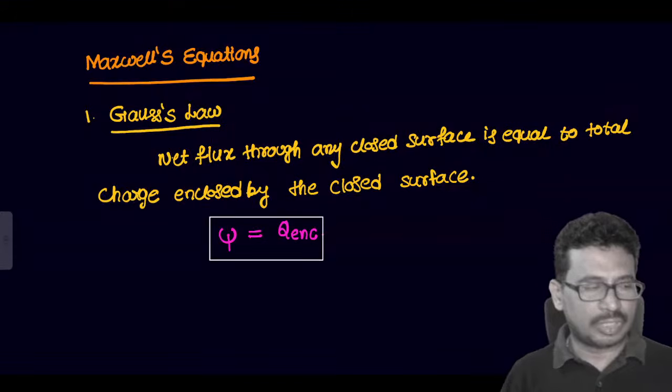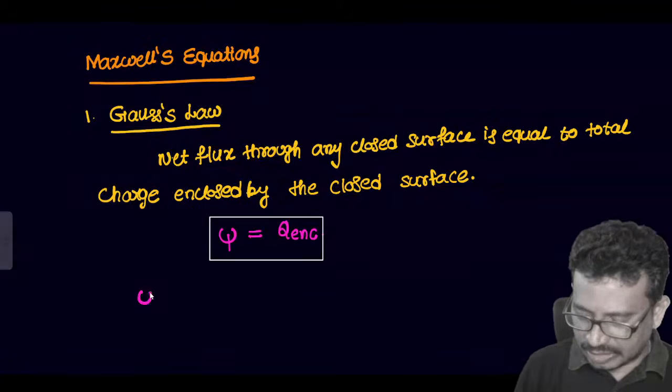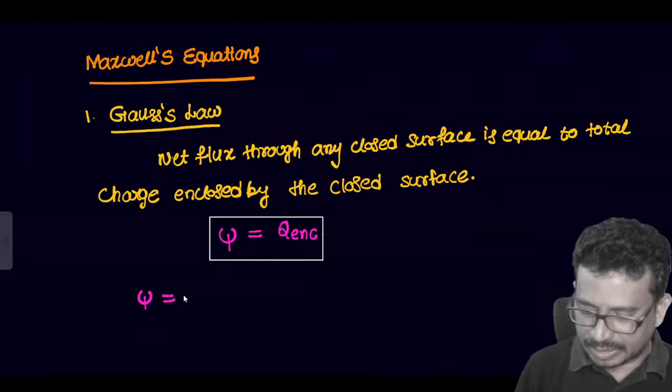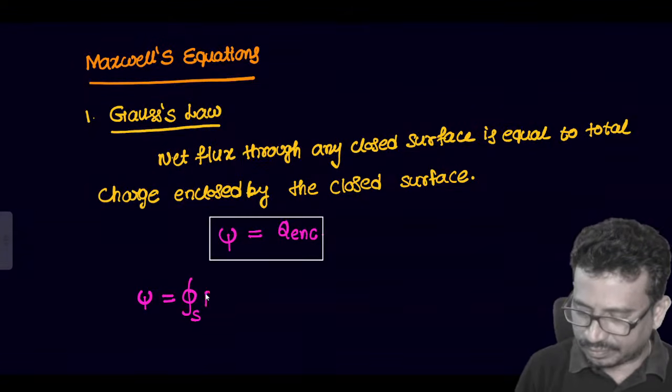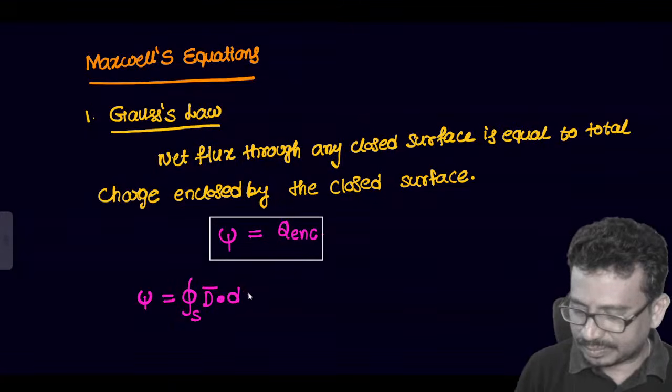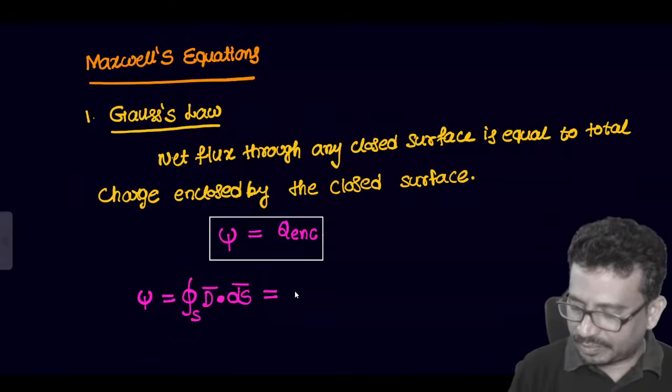Now this Gauss law we are modifying. The flux is the closed surface integral of D bar dot dS, which equals Q enclosed.